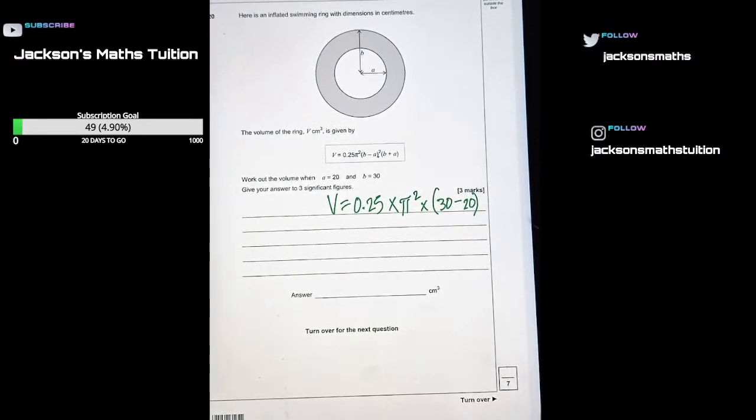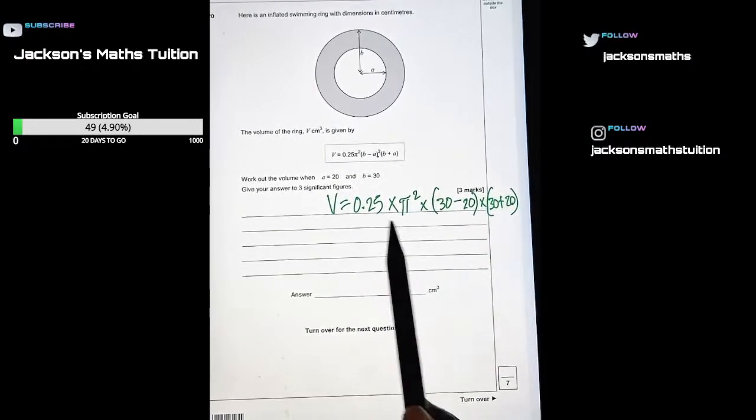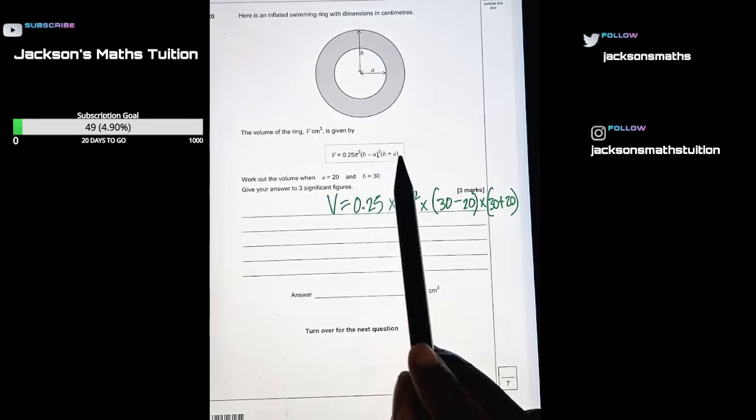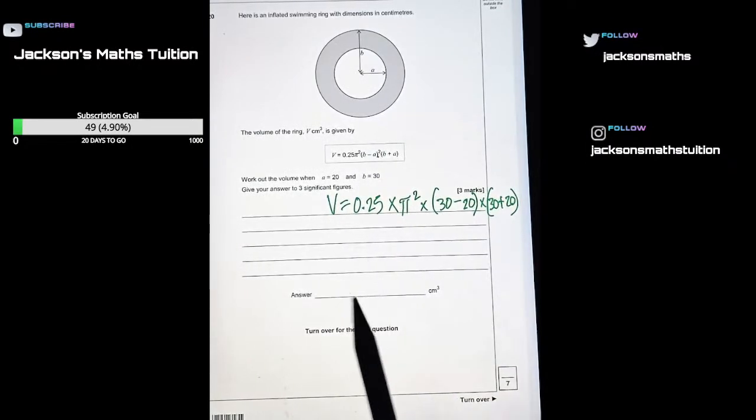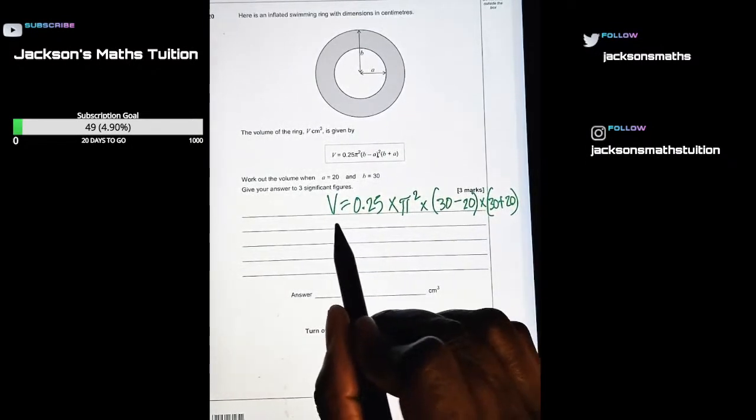And that is being multiplied again by B plus A, so 30 plus 20. Okay, so that's the entire formula when we substitute. All of these are multiplication.